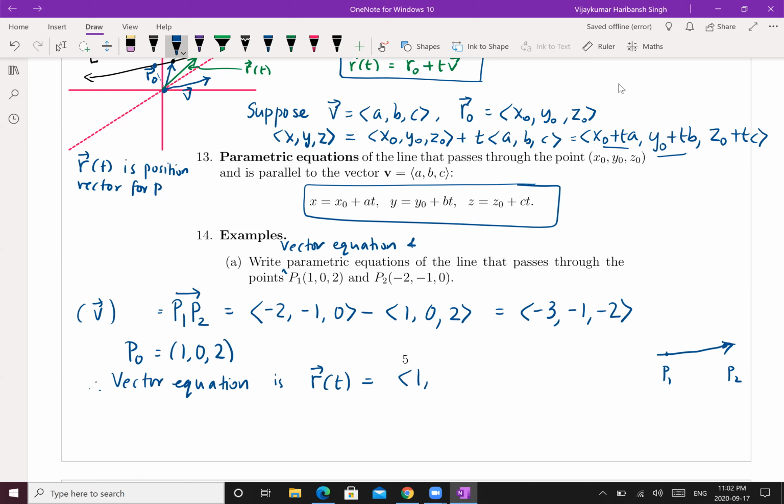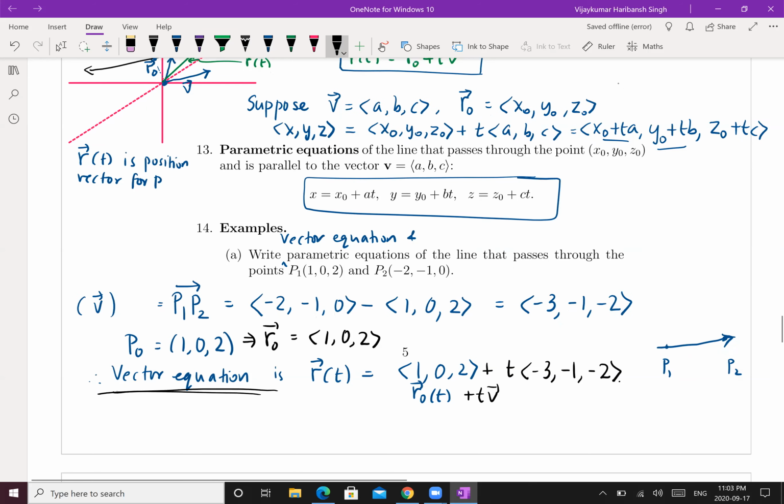As a vector, r0 is the position vector of P0, which is (1, 0, 2), plus t times v, which we found to be (-3, -1, -2). So this is your vector equation.